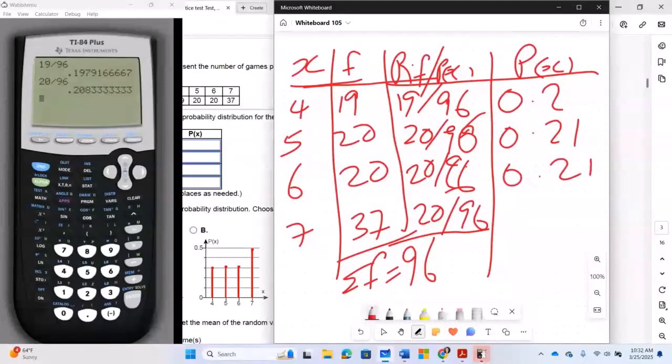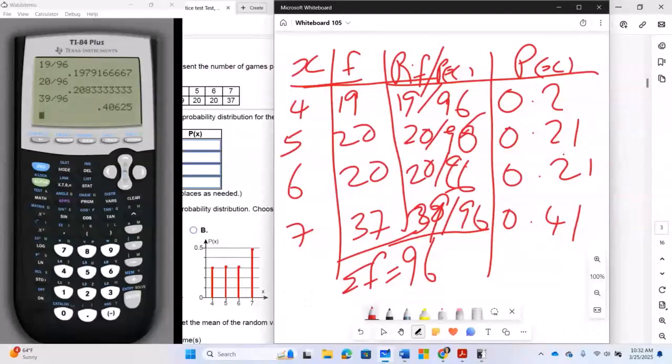And the next one is 39 here, 39 divided by 96. When I hit enter, I have 0.41. I can make a sketch or compare the sketch I have.